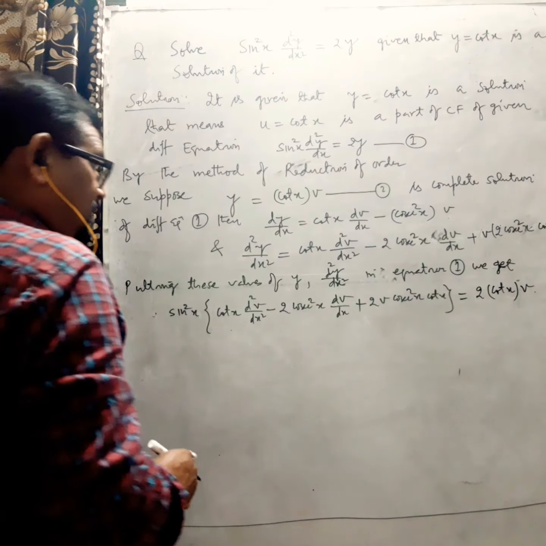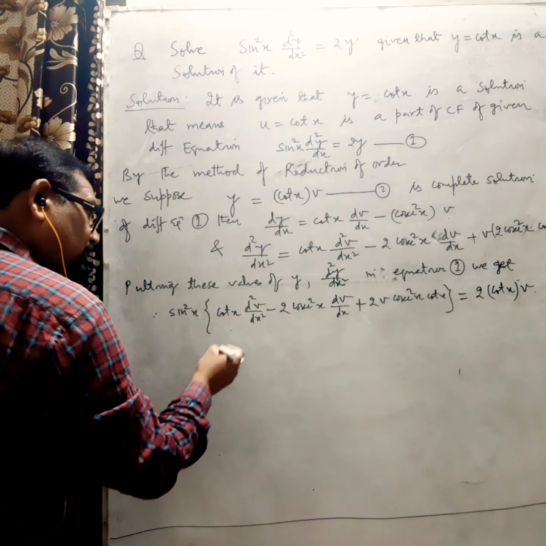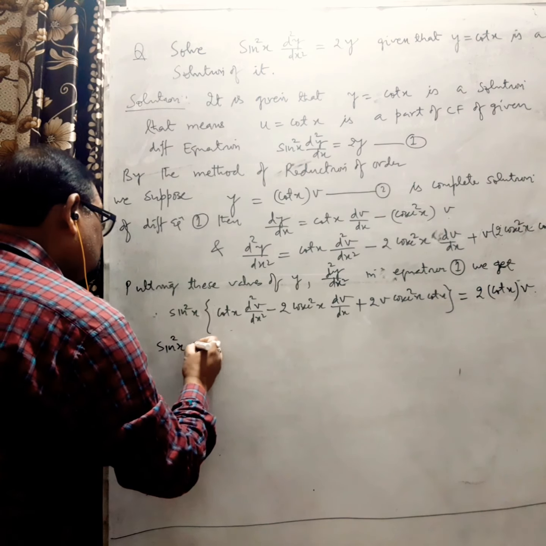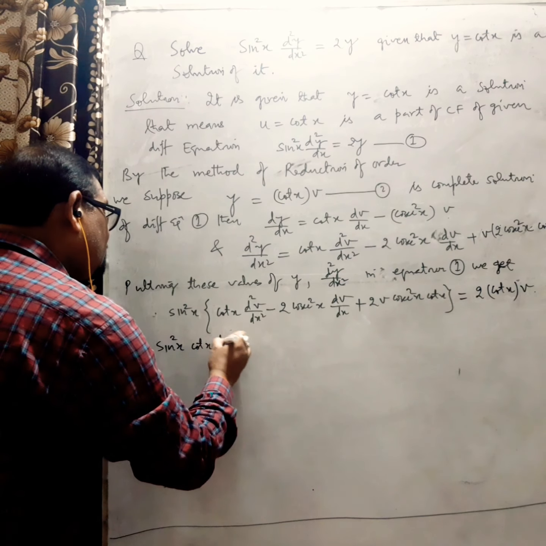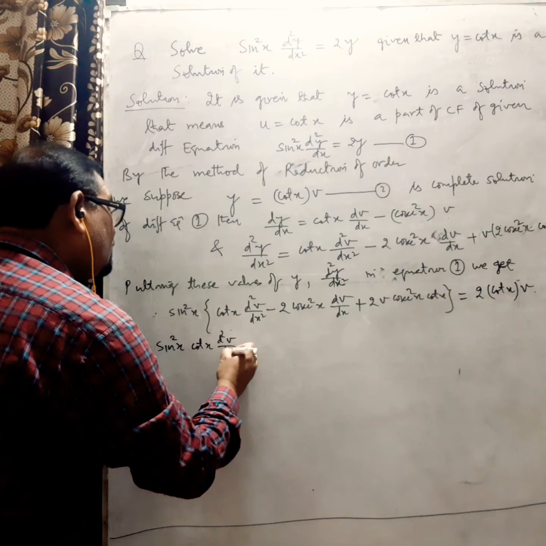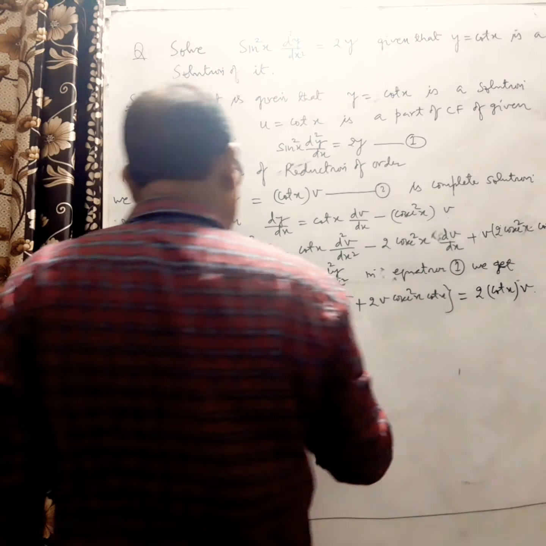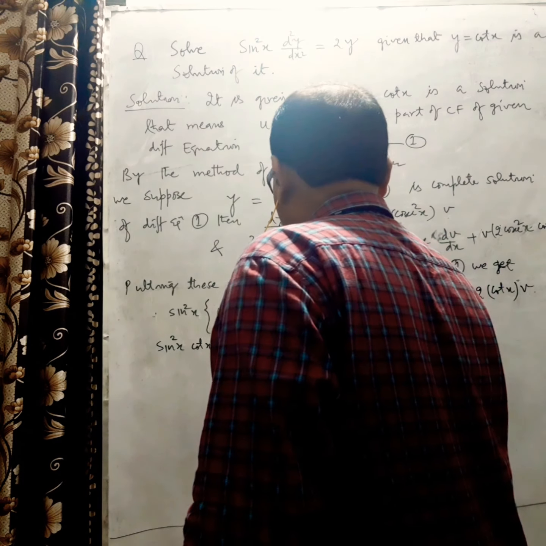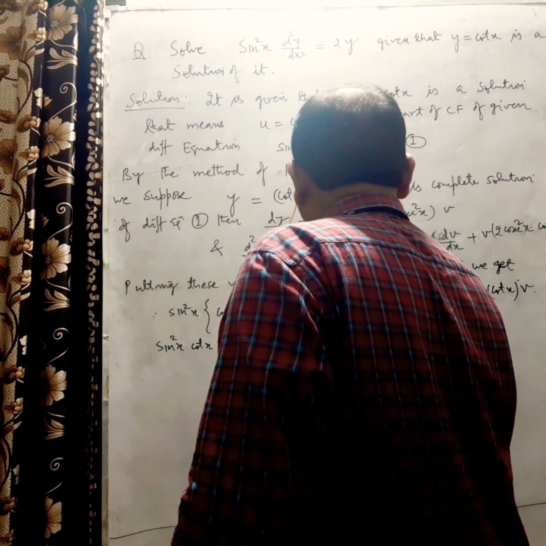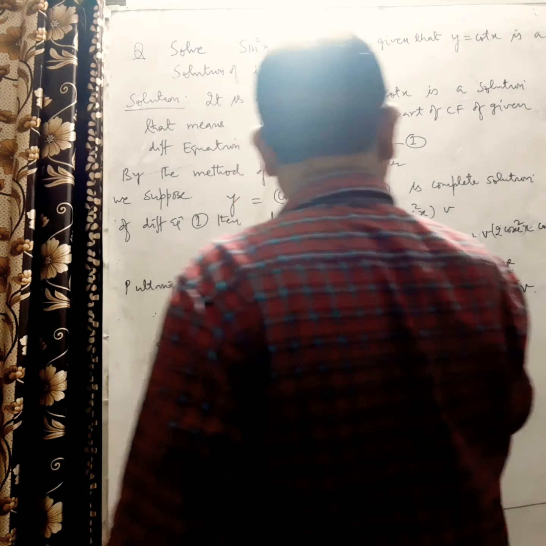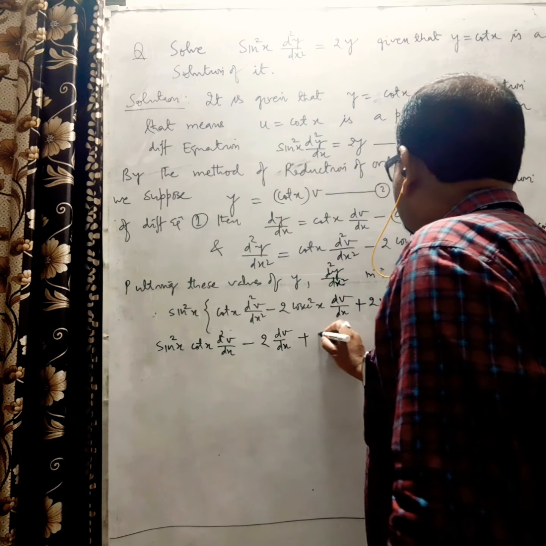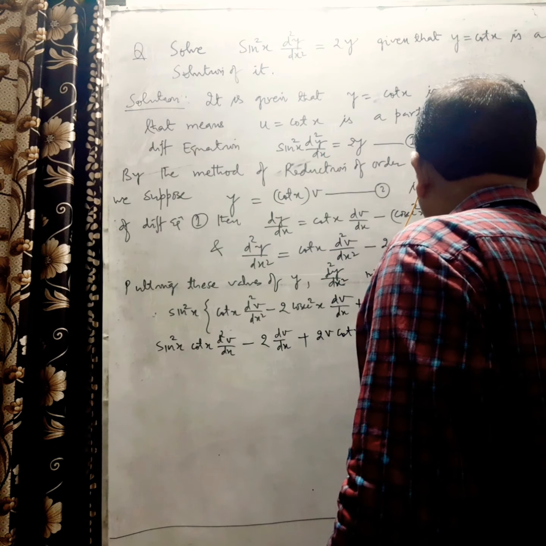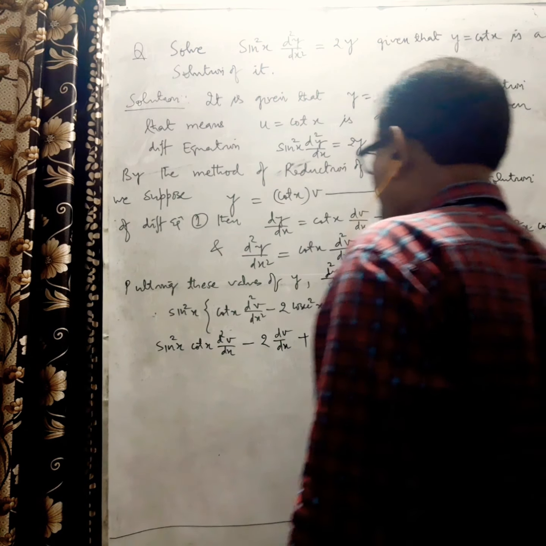When we multiply this, we get sin square x into cot x d2v upon dx square minus 2 dv upon dx, since sin square and cosec square get cancelled, plus 2v cot x, again sin square x and cosec square get cancelled, equals 2v cot x.